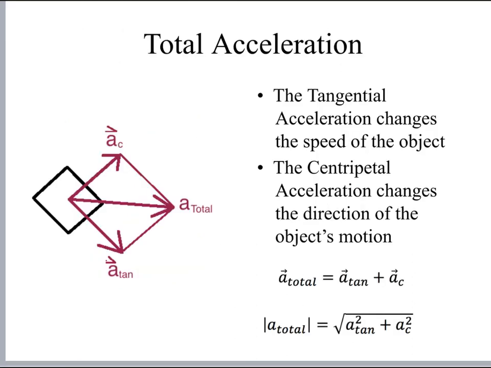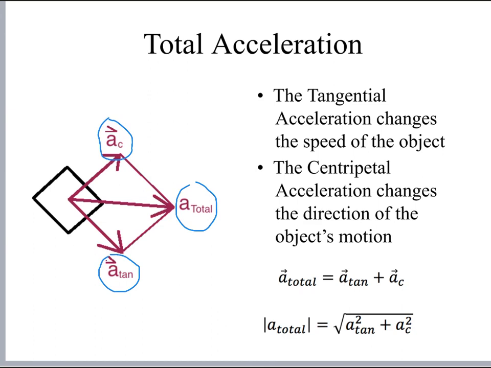Now, let's just make note that the total acceleration is going to be the vector sum of the centripetal part, the part that makes it turn, the part that is perpendicular to the velocity, and the tangential part, the part that is along the velocity. Remember, the velocity is going to be tangent to the curve, so this acceleration component is also going to be tangent to the curve.